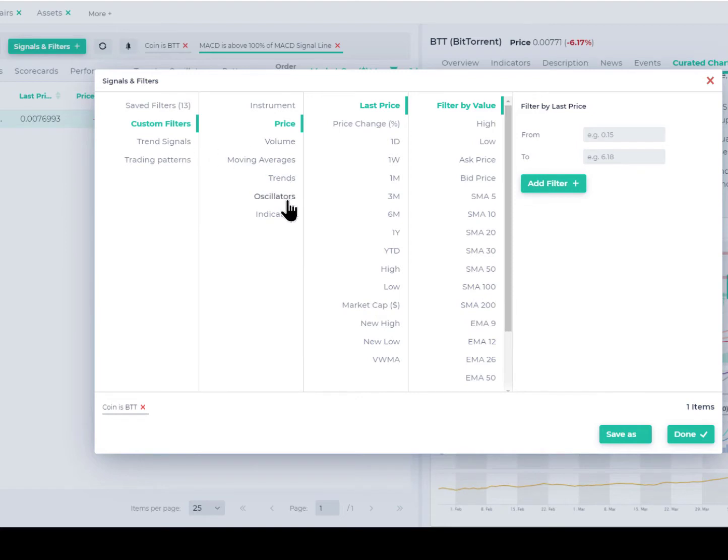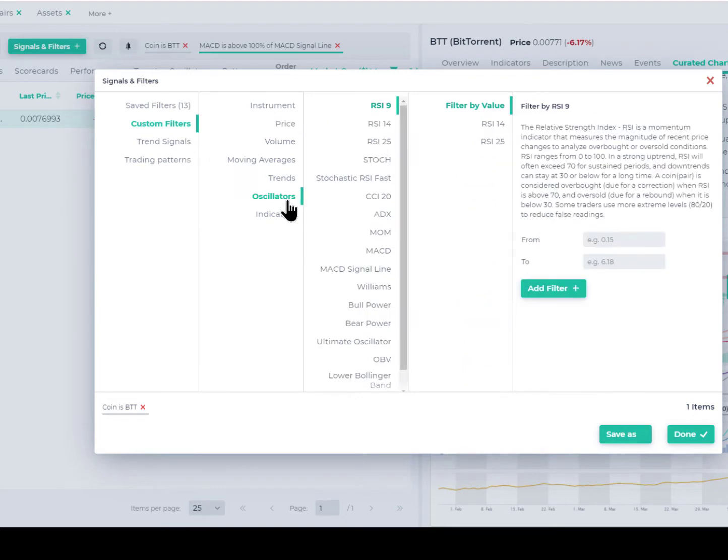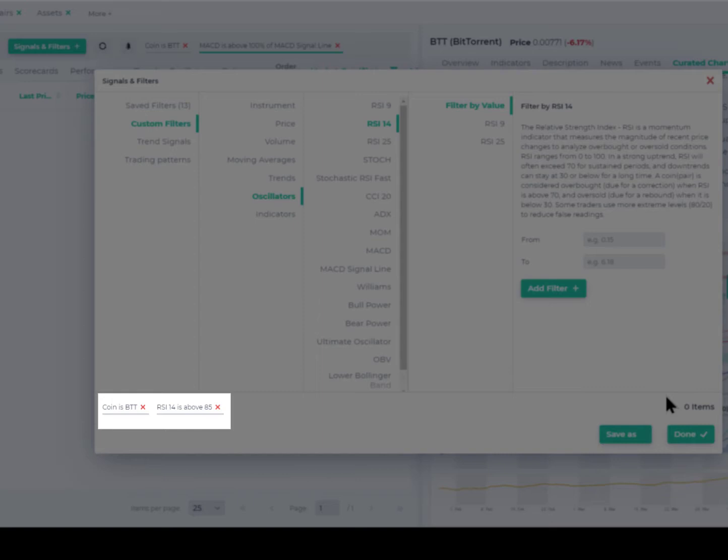So that would be RSI, which is on the oscillators. RSI 14 is the one that I like to use. Filter by value, so I want to say when it gets above 85, that's really extreme overbought. And we can look at some situations where that really does work. Those overbought positions tend to see a pullback and a correction.